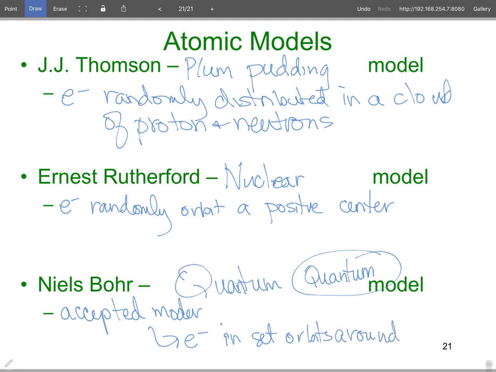Okay, so Rutherford took it to the nuclear, and then Niels Bohr took it a step farther and said, wait a minute, these aren't random, this is a set system. So at this point in time, what we have done is been able to identify the pieces, parts within an atom and how they're arranged and how it goes into the structure.